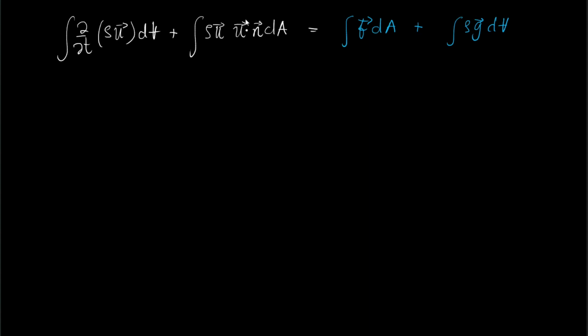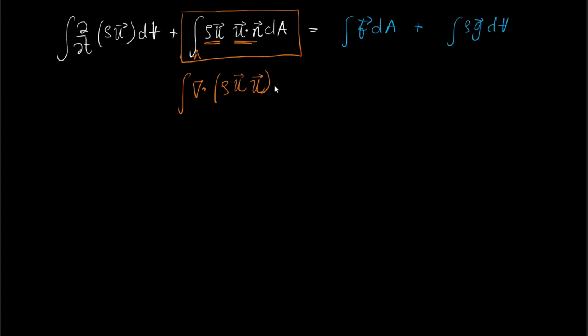Now once again we can convert this particular term, which is an area integral, and write it in terms of a divergence. Recall that this is the momentum content and this is the flux of the flow. So this has three components, but this is a single scalar. So we can use the divergence theorem and write this particular term as the divergence of rho u u dV.